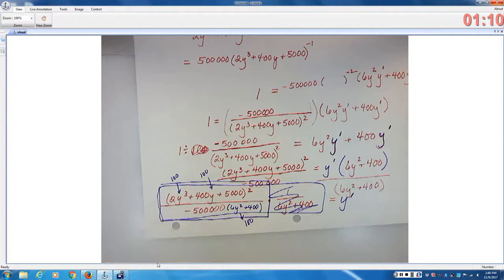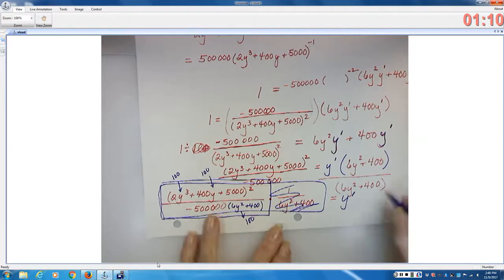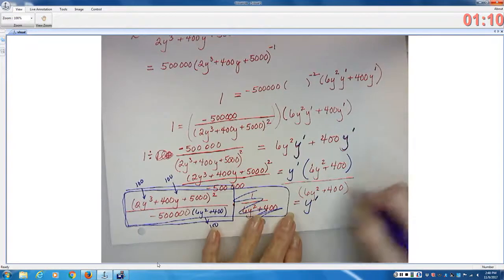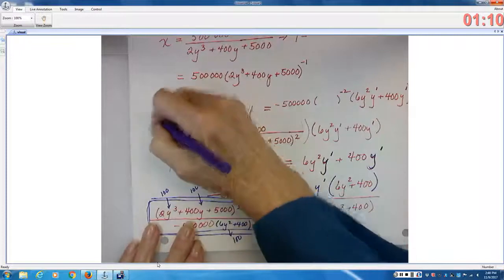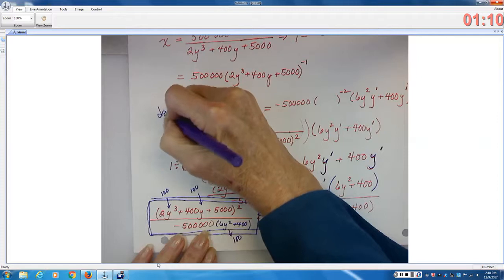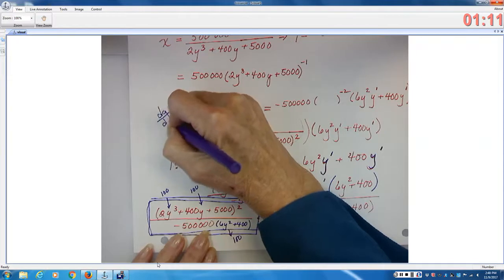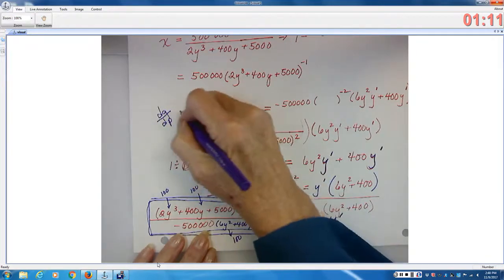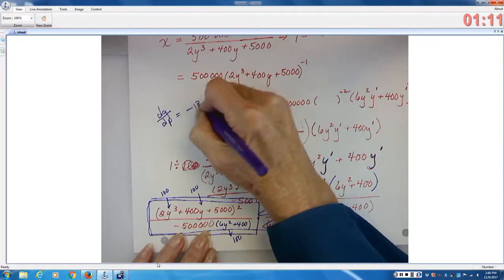And what you're going to find is that at y equal to 100, the derivative, y prime, is negative 138.